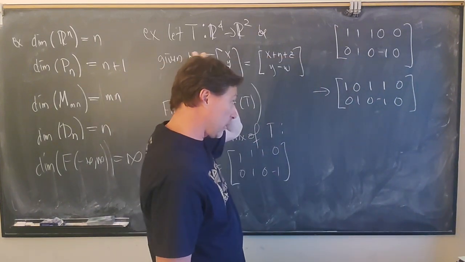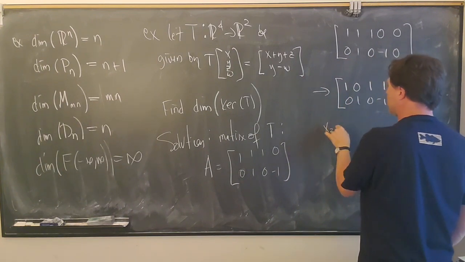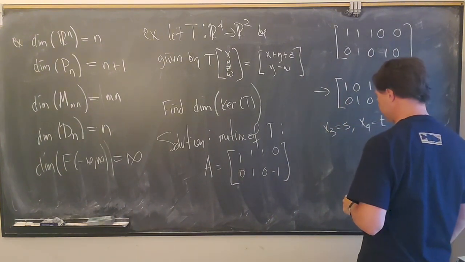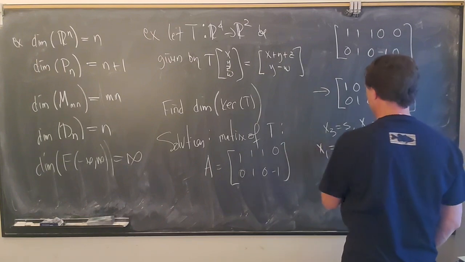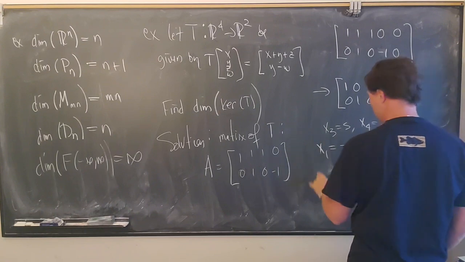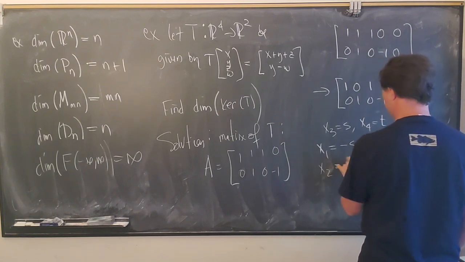So let's see, it looks like we have two free variables in this case. So let's say x3 equals s and x4 equals t. x1 equals negative s minus t, and x2 equals t.